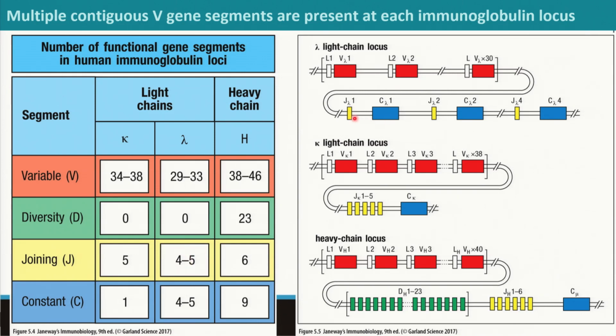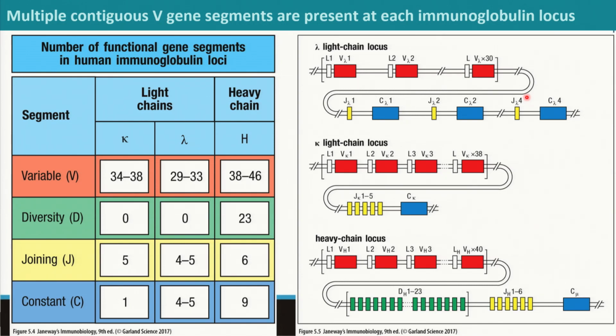Similarly, for example, in this case we have 4. So, we have J1 lambda 1 constant 1, J2 constant 2, J3 constant 3, J4 constant 4. So, all these variable regions are in series, then alternate J and constant regions. In case of kappa, the arrangement is slightly different.